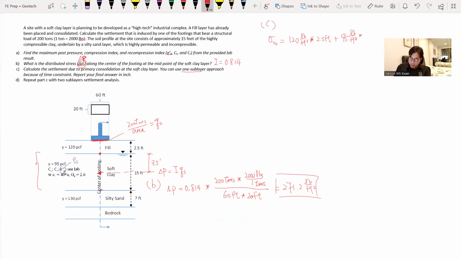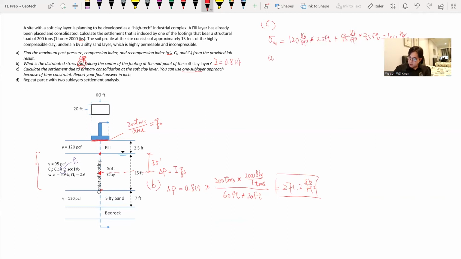We are looking at the midpoint location, so the thickness of the soil layer we are dealing with now is half of the whole layer. So this is 7.5 feet. This should give us the answer of 1,013 pounds per square foot.